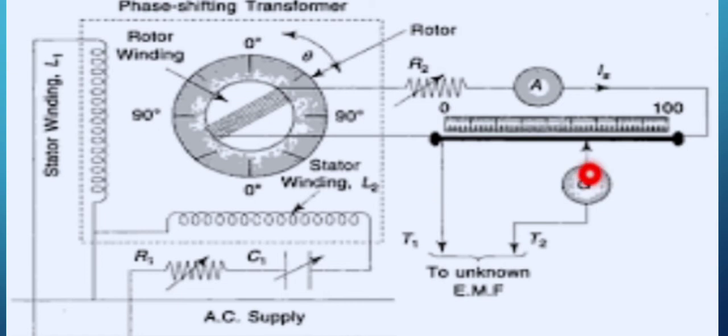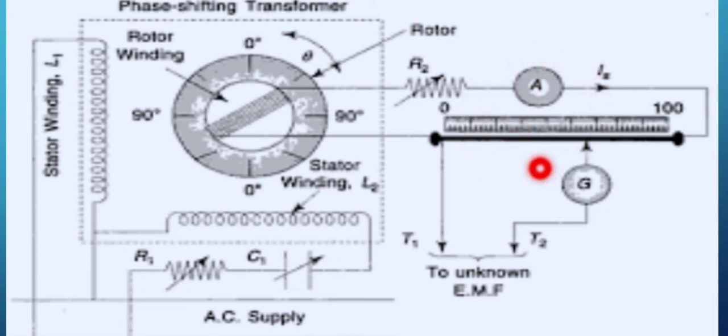Apart from that, we have a vibration galvanometer, and the position of the sliding contact at the null position of the galvanometer represents the magnitude of the unknown voltage. And here we have an electrodynamometer ammeter, meant for measuring the working current through this potentiometer.